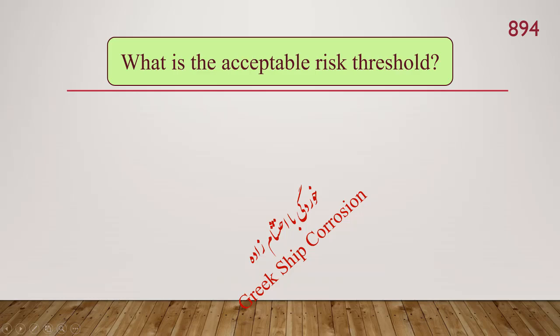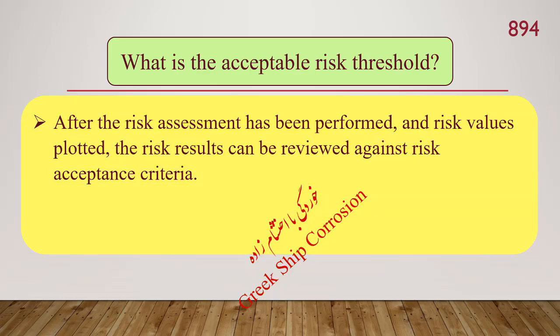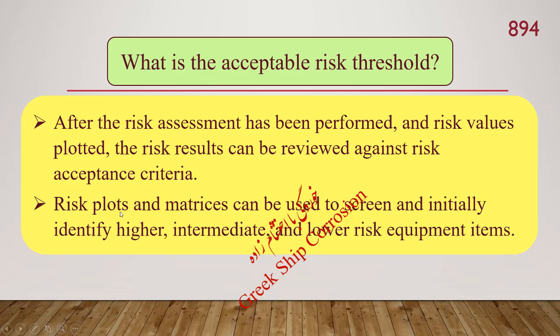What is the acceptable risk threshold? After the risk assessment has been performed and risk values plotted, the risk results can be reviewed against risk acceptance criteria. Risk plots and matrices can be used to screen and initially identify higher, intermediate, and lower risk equipment items.